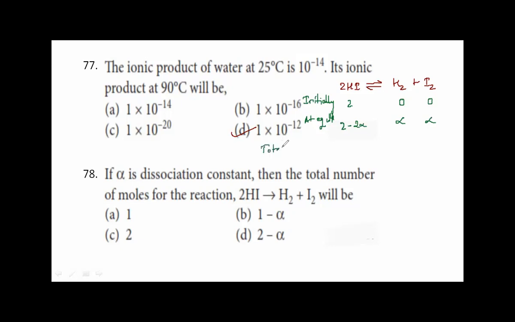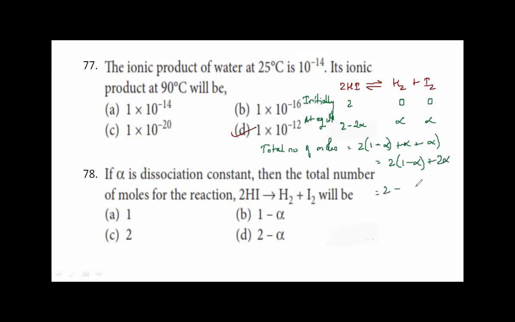So total number of moles will be equal to what? I can write it as 2 into 1 minus alpha plus alpha. So that will be equal to what? 2 into 1 minus alpha plus 2 alpha. Yes, the option is not here.